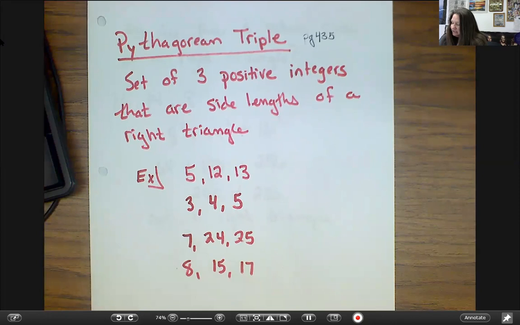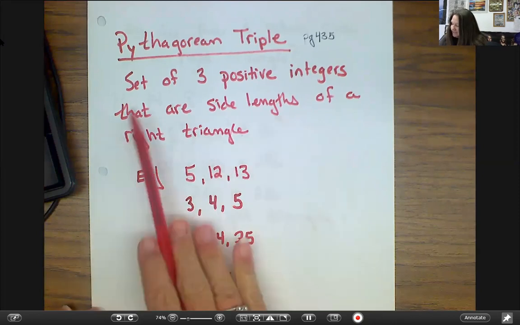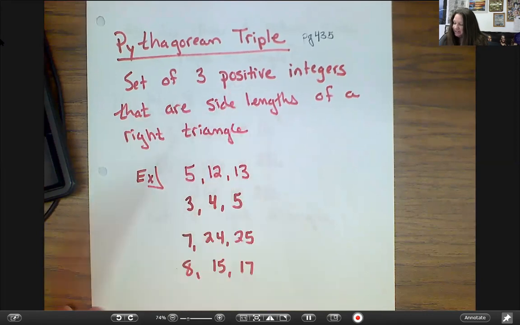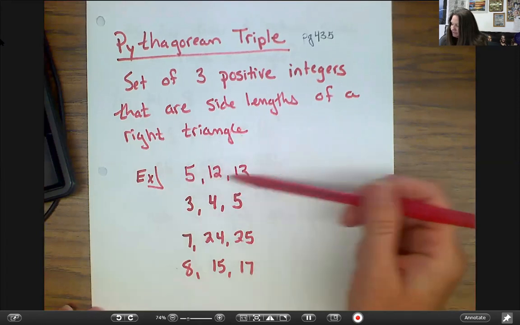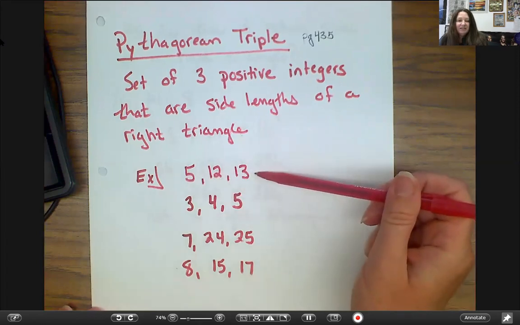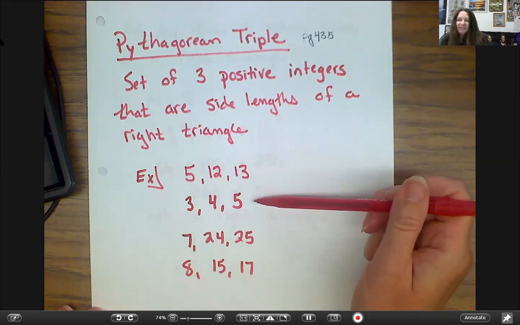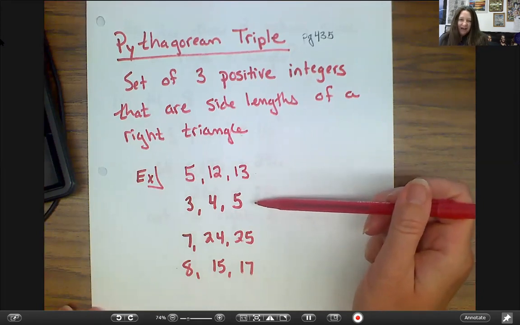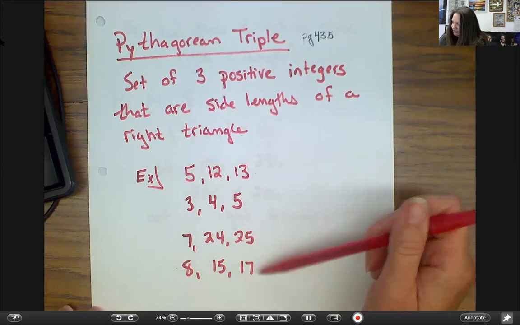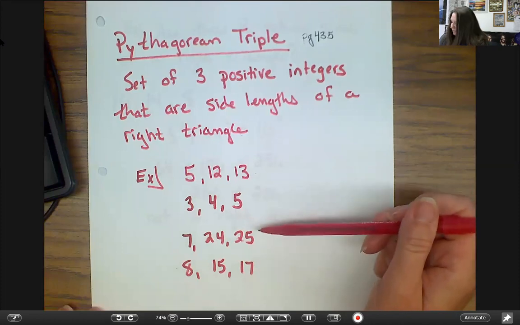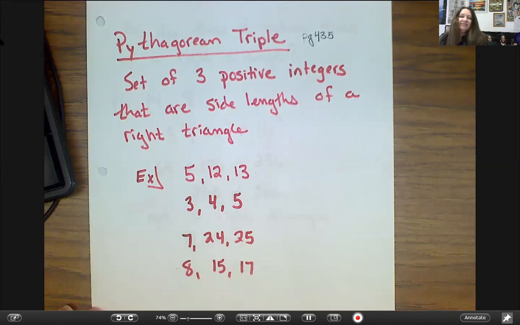So if we do see that you have a Pythagorean triple, you have to have a set of 3 positive integers that are side lengths of a right triangle. The one we just used here was a 5, 12, 13. Probably the most common you see come up in problems is the 3, 4, 5 triangle. But here are 2 other common ones, 7, 24, 25, or 8, 15, 17. If you recognize these, then you don't even have to plug into Pythagorean theorem to solve. You just know you have your Pythagorean triple.